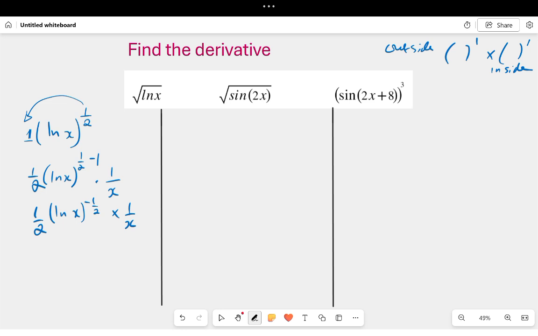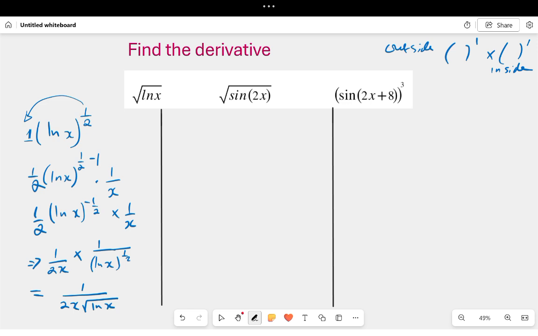Now further simplification, our answer is going to be 1 over 2x, because both are reciprocals, then times the reciprocal of ln x to the power of a half, and the power of a half is just like a square root, hence the final answer is going to be 1 over 2x times the square root of ln x.